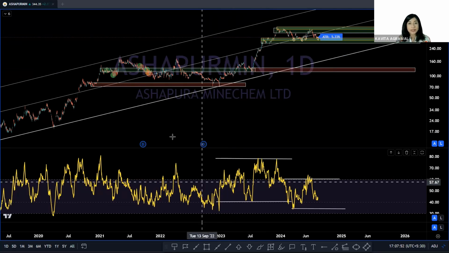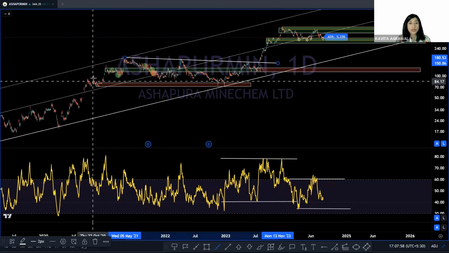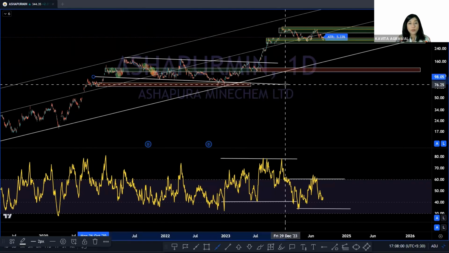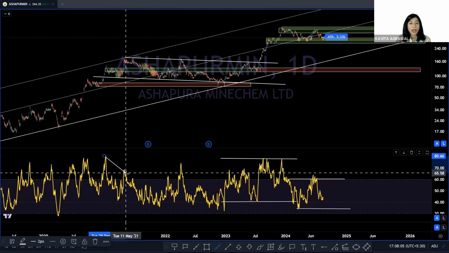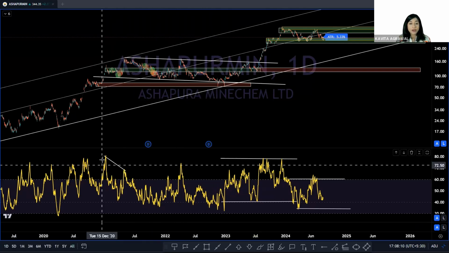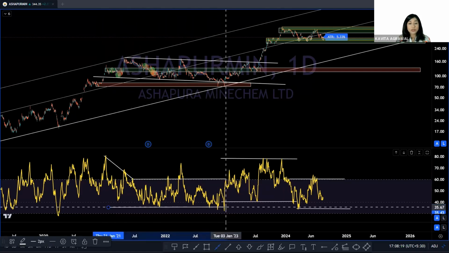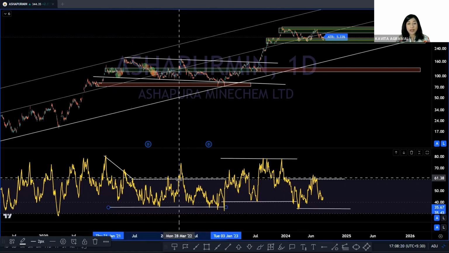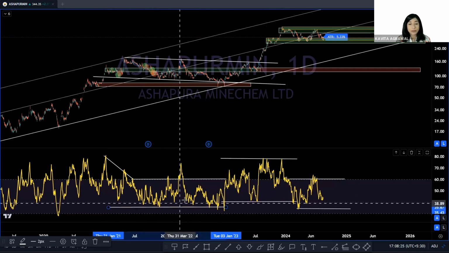If you see the previous trend, when the price was not really trending upward, or rather it was sloping downward, at that time, if you look at the range followed by RSI, it started off with a negative range, a negative divergence, and then the RSI maintained itself below the level of 60, except for minor exceptions, and on the downside, it continued to breach the level of 40.